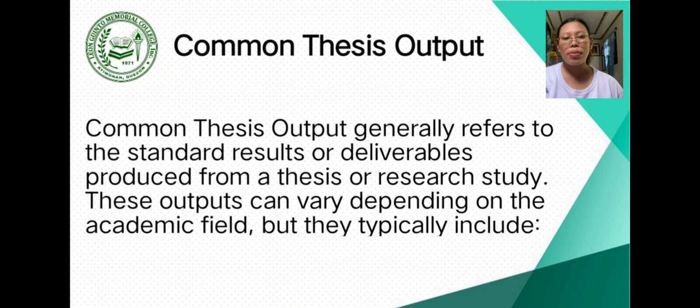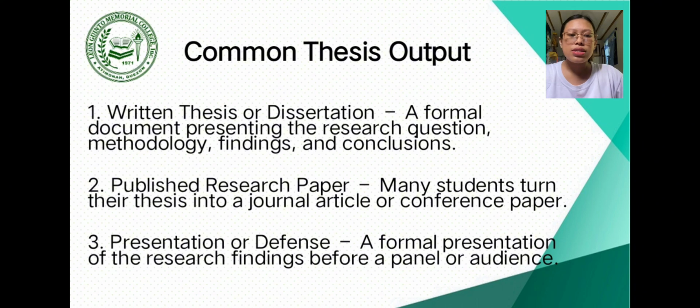What is common thesis output? Common thesis output generally refers to the standard result or deliverables produced from a thesis or research study. These outputs can vary depending on the academic field, but they typically include: one, the written thesis or dissertation.